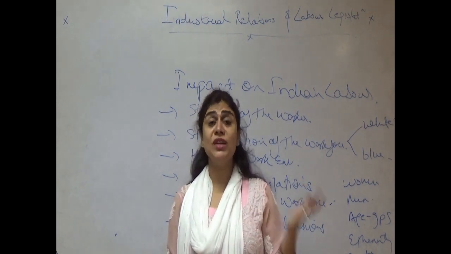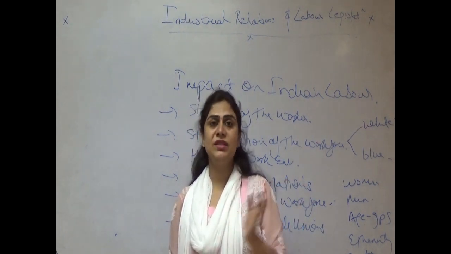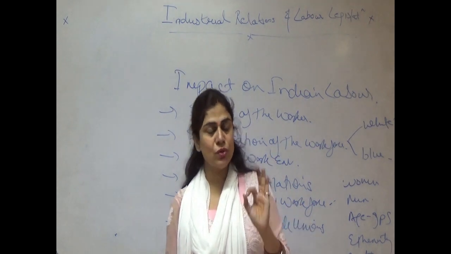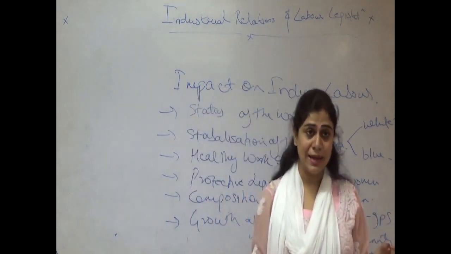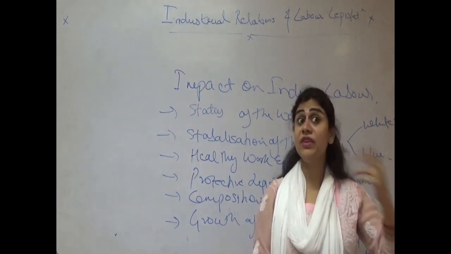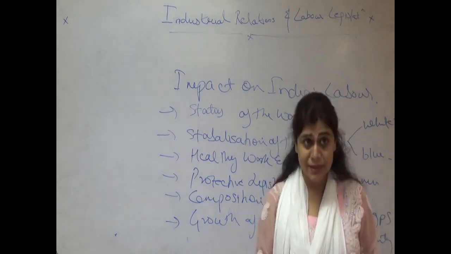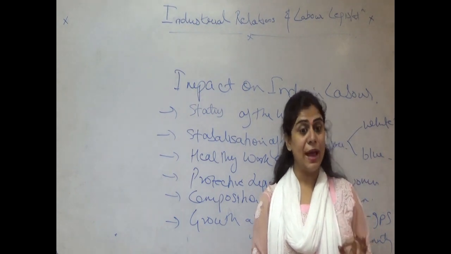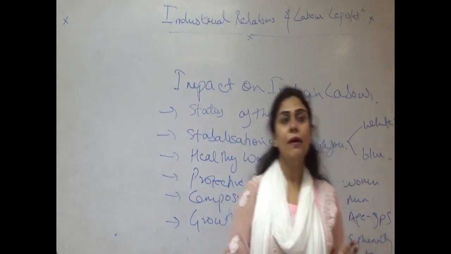There is a proper Trade Union Act that governs trade unions, which we will study in the coming lectures. It was one of the very important legislations enacted to provide security and to fight for the rights of the workers.